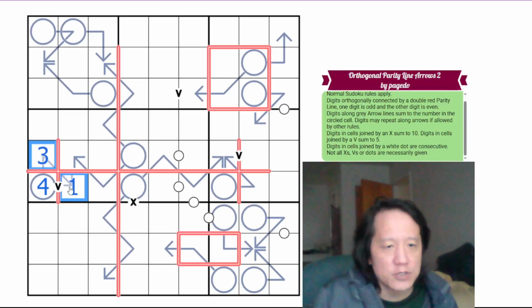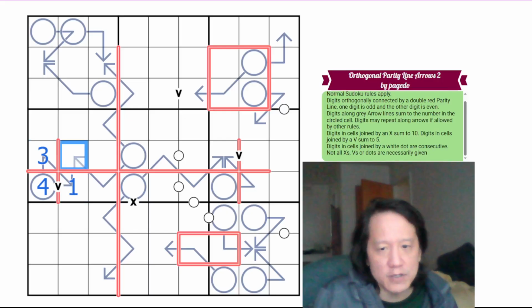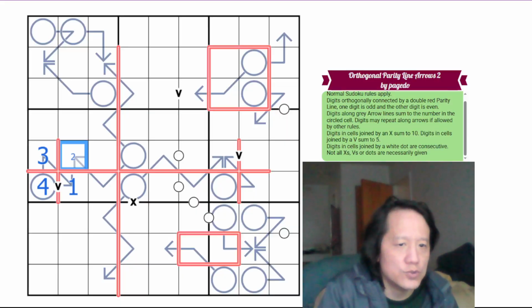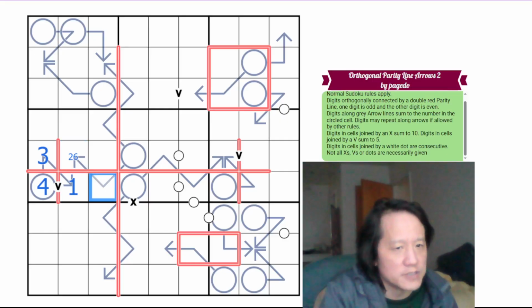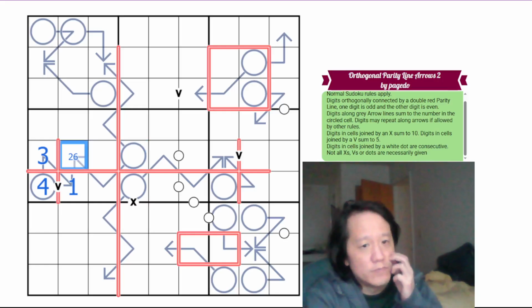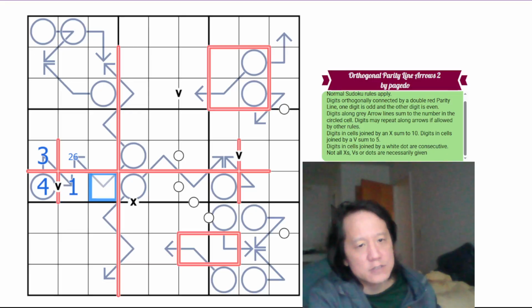So since these are both odd, this must be even here. So we have, this is 2 or 6. It cannot be 8, because 8 would have to add up with 1 to at minimum 9. Well, you could have 6.